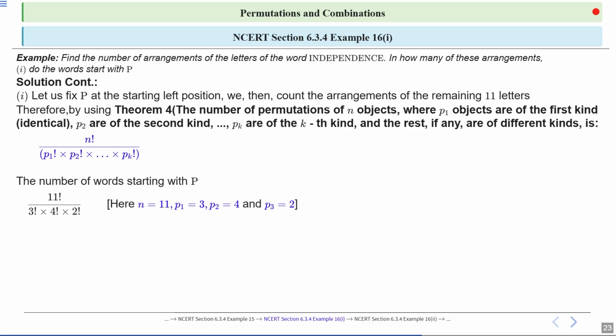The number of words starting with P is basically equal to 11 factorial upon 3 factorial into 4 factorial into 2 factorial. Here n is 11, p1 is 3, p2 is 4, and p3 is 2.